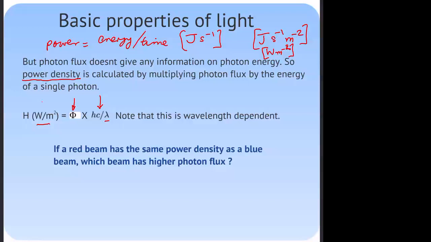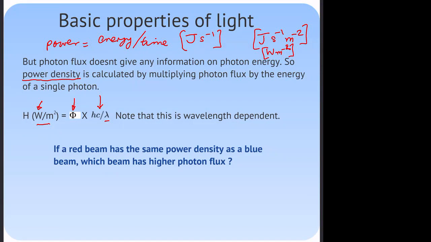Now, power already is per unit time, so I don't need to worry about that. So another way to think about this is the amount of energy per unit area per unit time entering a system. And of course, this is wavelength dependent. So if you have a different color of light going into a system, that will have a different power density.